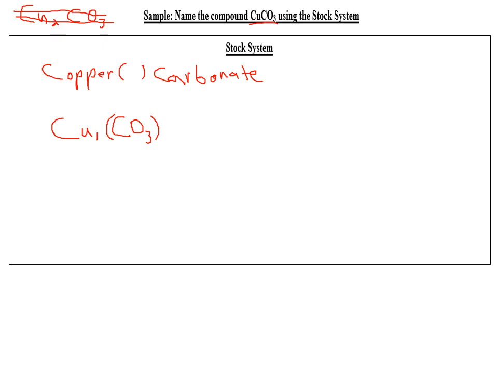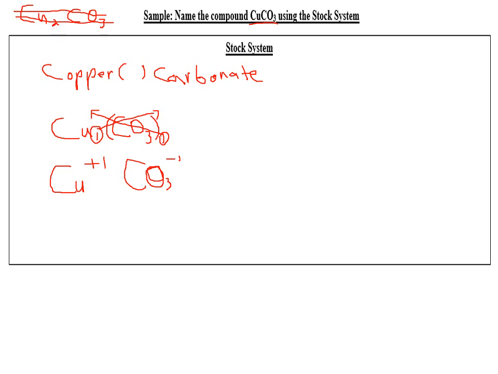And there's only 1 CO3 here, so we'll put the 1 on the outside. If there were 2 CO3s, you would have a 2 on the outside. Circle the 1, bring it up, and you get Cu plus 1, CO3 minus 1. Make sure this is an uppercase O here, not a lowercase o.